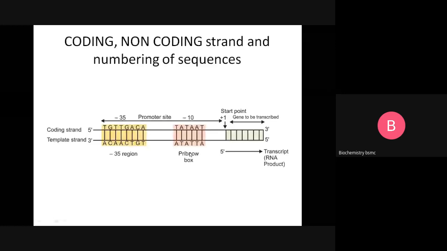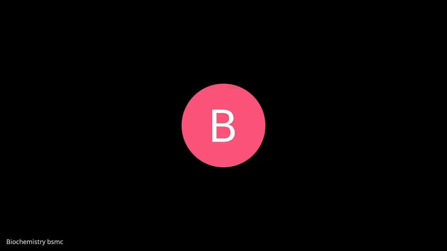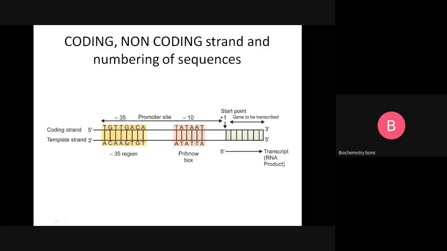It is very important to note that this Pribnow box in prokaryotes is around the -10 sequence. It is not exactly -10; it may start from -10, may start from -11, but around -10, and the sequence is TATAAT, and there is another AT-rich region.